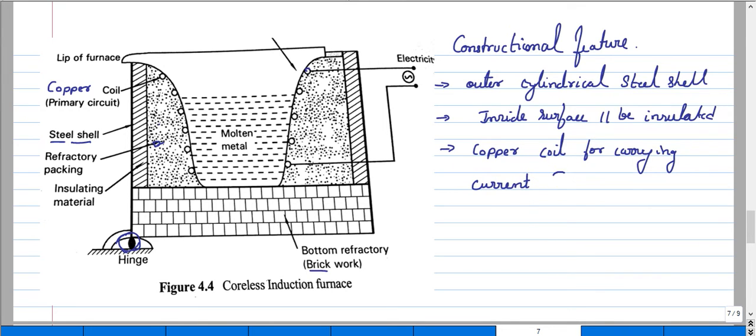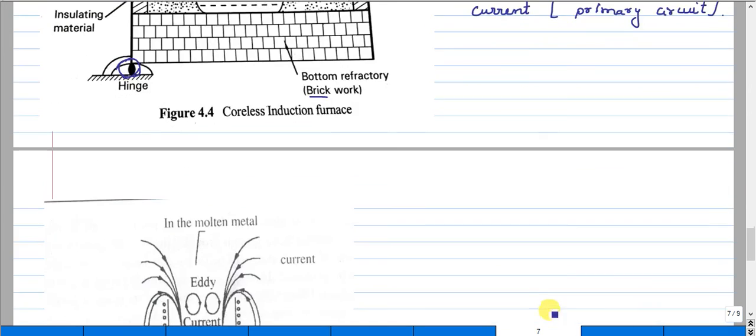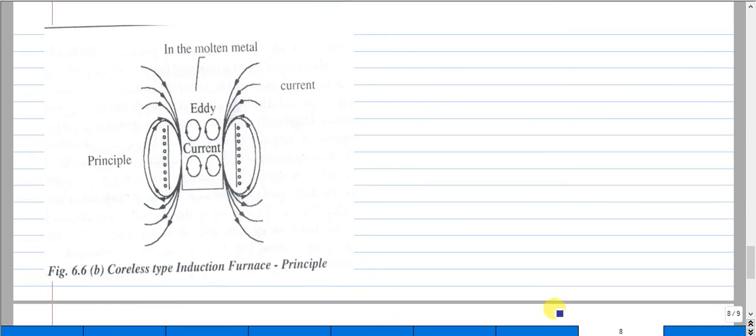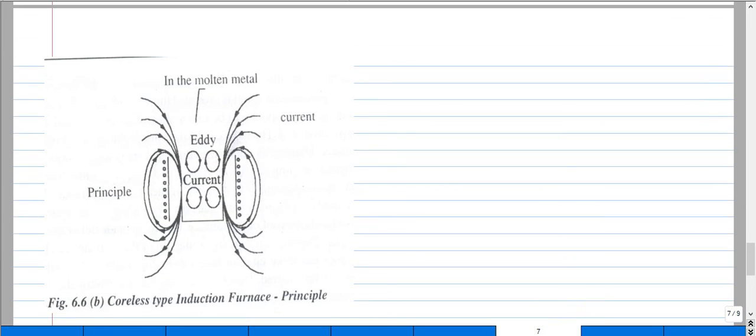So this will act as a primary circuit. So this is all about the constructional feature of an induction furnace. Now, let us come to the working principle.